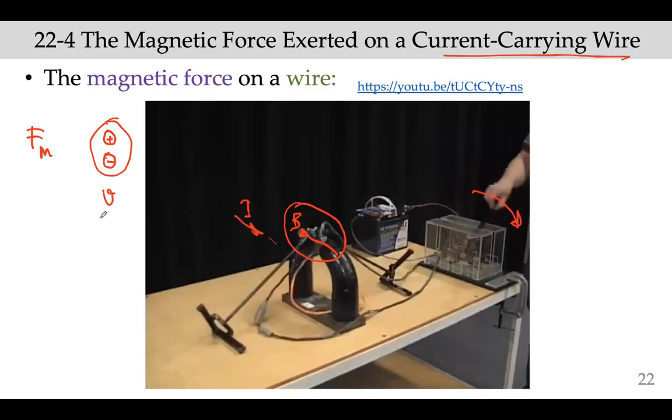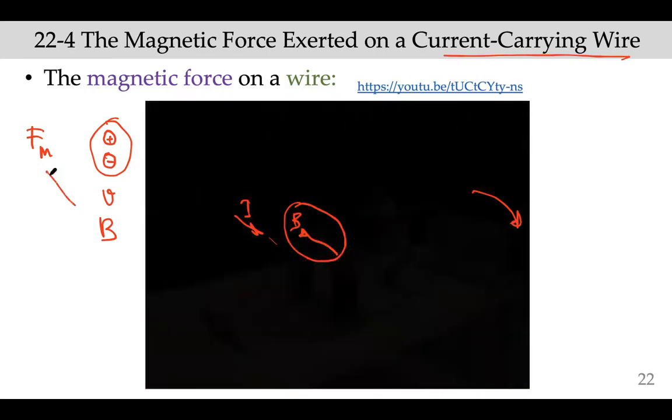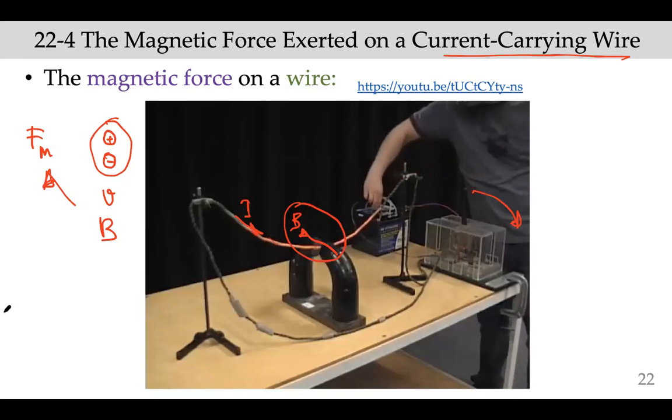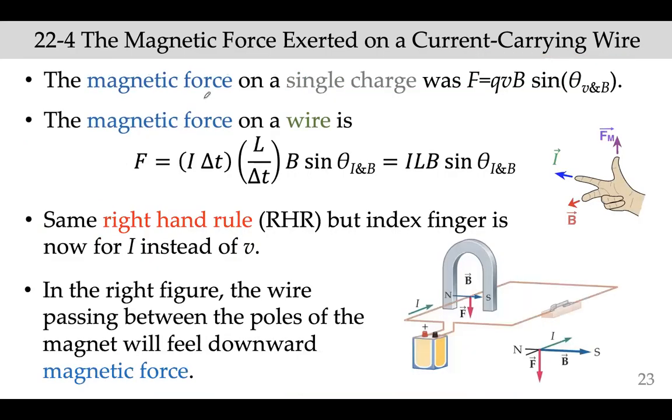And when there's also a magnetic field, you get a magnetic force. What we learned so far was the magnetic force on a single charge, positive or negative, and it was QVB times sine theta.